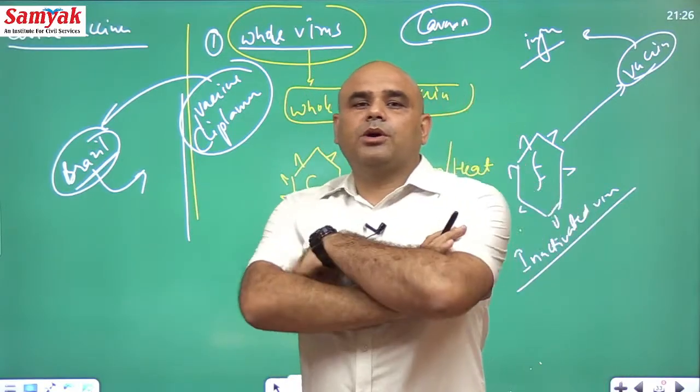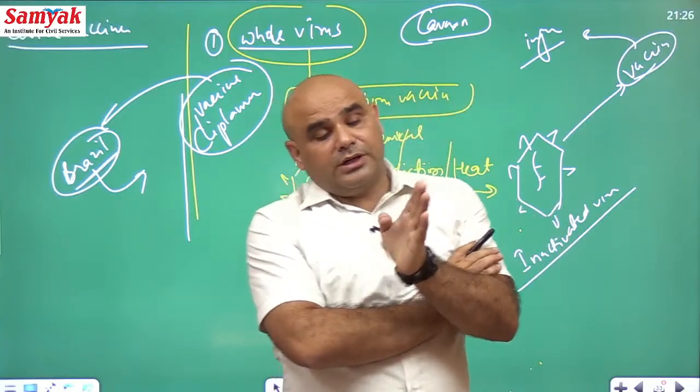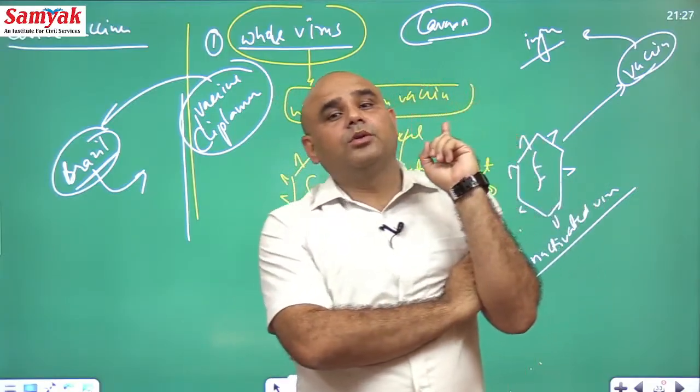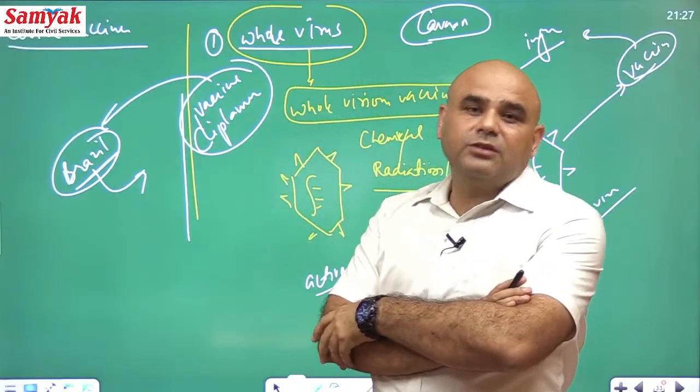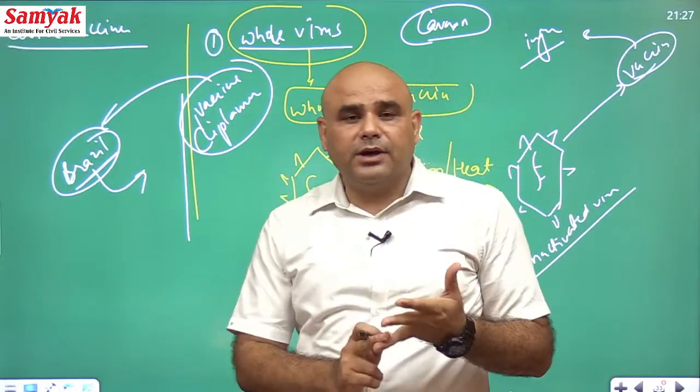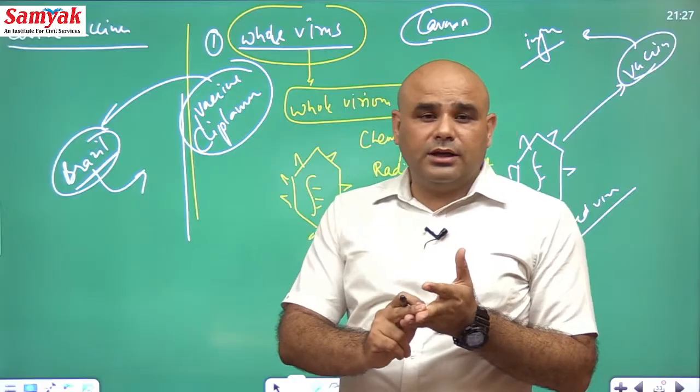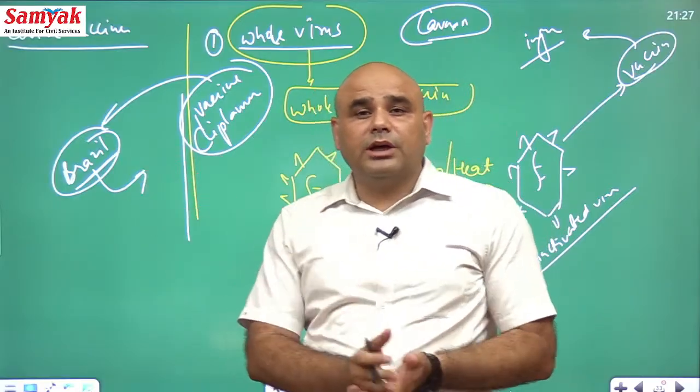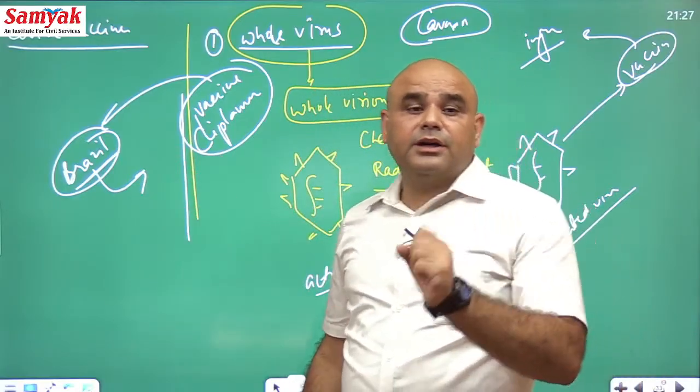Why was this happening? Because India exported a lot of Covaxin to Brazil. When Brazil was in need, we helped them. We helped Nepal. We helped Venezuela. We exported these vaccines to Bhutan. A lot of countries benefited.